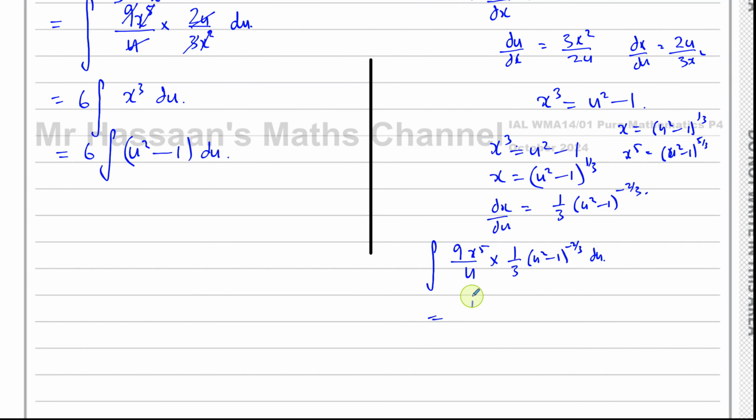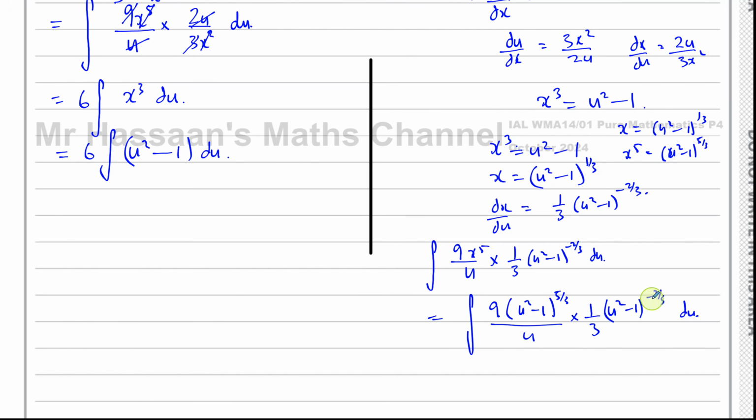So this would be the integral of 9 times u squared minus 1 to the power of 5 over 3, over u times a third times u squared minus 1 to the power of minus 2/3 du.